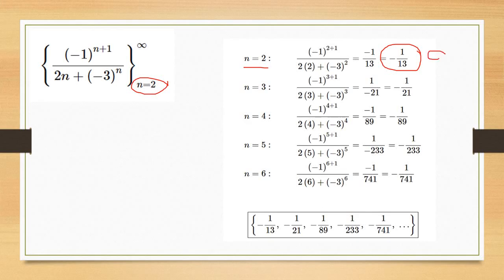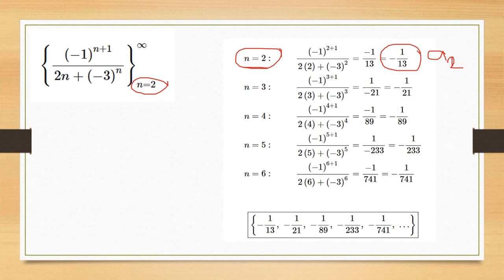Okay? So this is, now others will have it as a sub 1 because this is our first term, because we started at 2. But others would prefer it to have as a sub 2, so that it will not be confused with here.